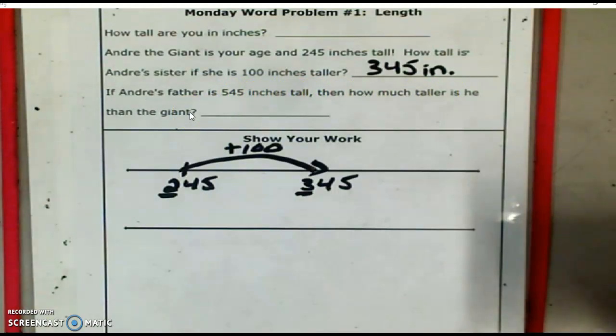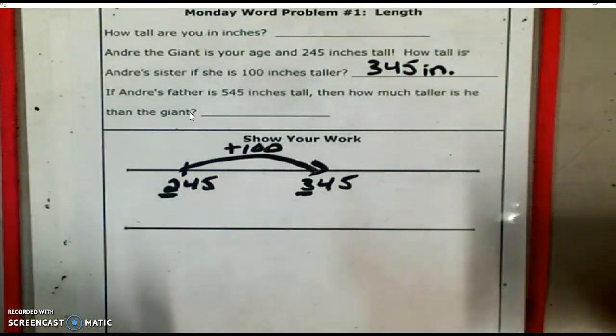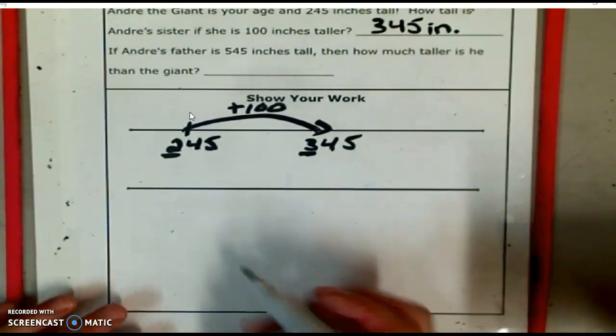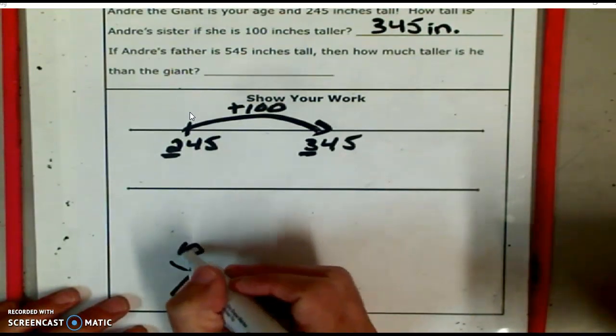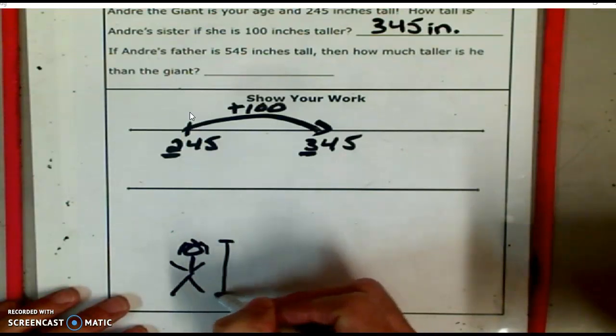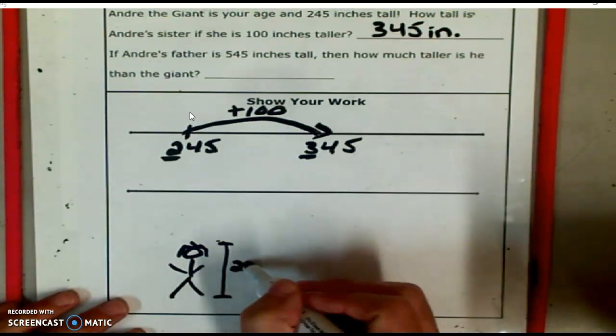All right, so I'm going to show you how I would set this up instead of having you just dive in, okay? So what we're really looking at here, boys and girls, you could think of it either as addition or subtraction, because it's one of those problems where we're comparing two things, right? So we're comparing Andre. Okay, here's Andre. And he, from the floor to the top of his head, is 245 inches.